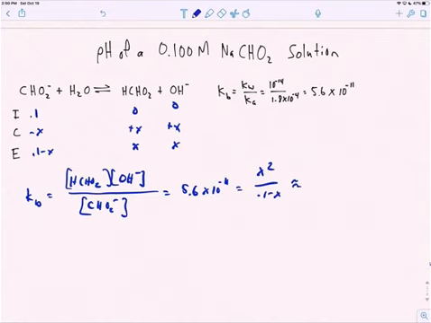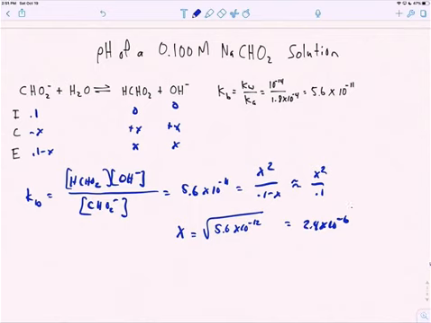Apply the x is small approximation, x squared over 0.1. X equals the square root of 5.6 times 10 to the minus 12. So that's going to be 2 point something times 10 to the minus 6, and this is equal to 2.4 times 10 to the minus 6.